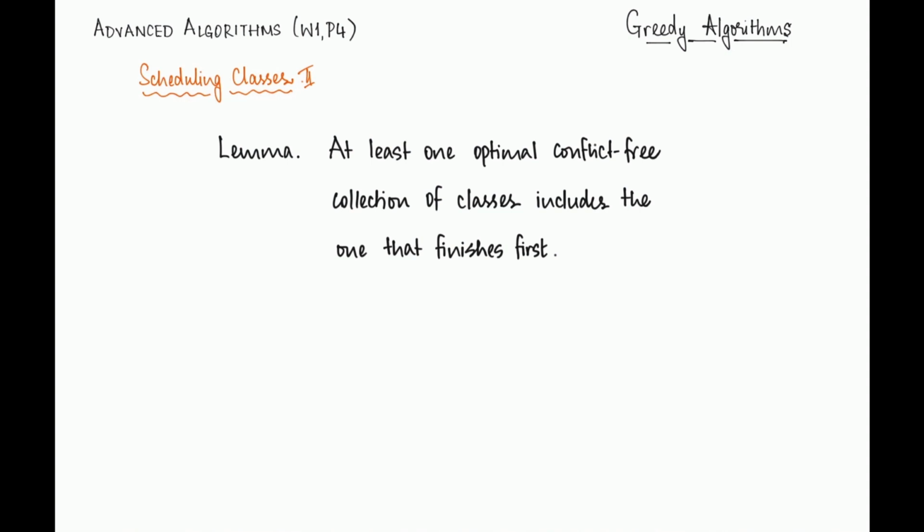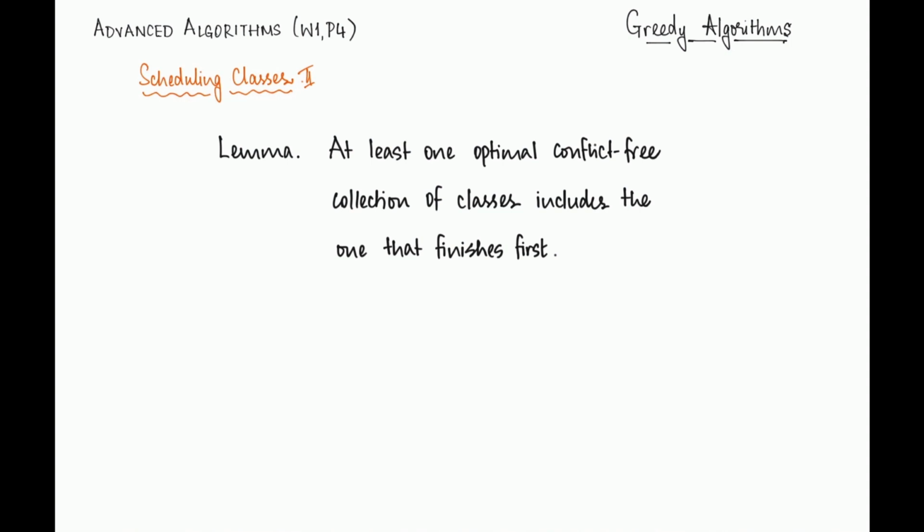So before we get to the proof of the main result, which is that this algorithm is optimal, I'm going to prove a lemma which will help us in the subsequent proof. So the claim that this lemma is making is that there is at least one optimal conflict-free collection of classes that includes the one that finishes first.